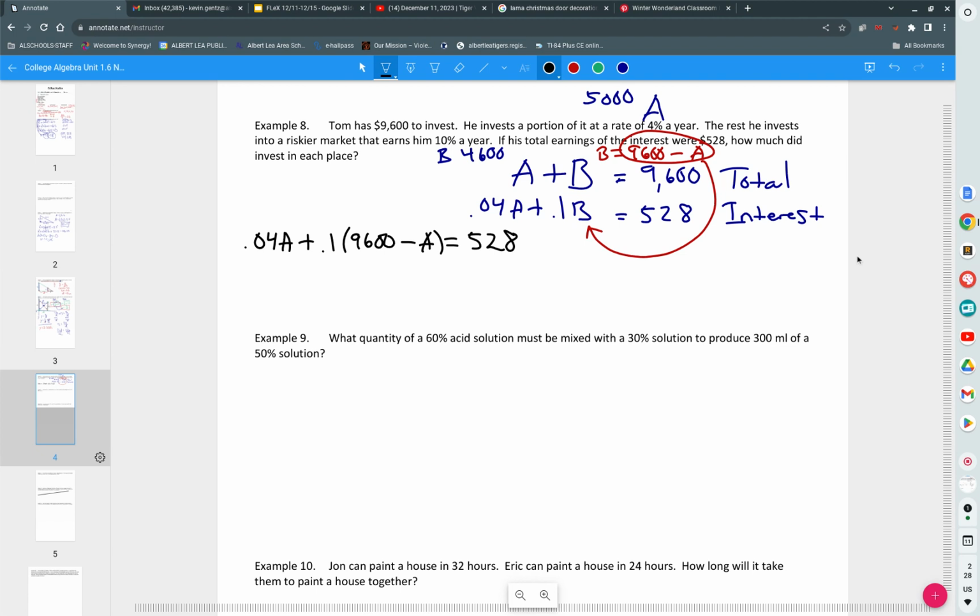Is everybody okay with my equation? I'll distribute the 0.1: 0.04A plus 960 minus 0.1A is equal to 528.